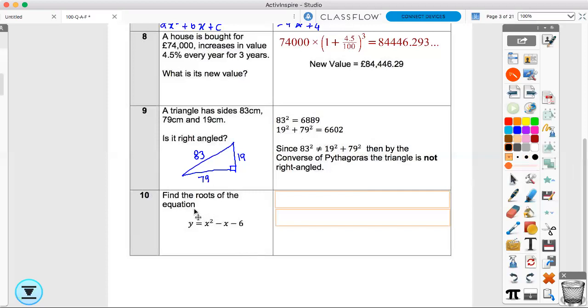First thing, if I'm asked to find the roots, you don't need the formula sheet here, because if you're asked to find the roots, basically what they're asking us to solve is x squared minus x minus 6 equals 0.